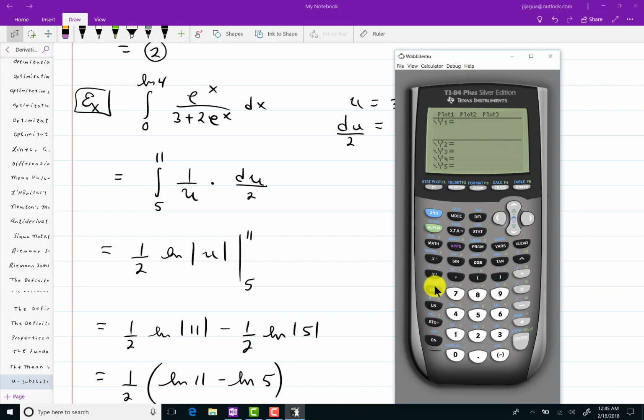So I'll go e to the x. You've got to come down from that exponent, divided by, and put the denominator in parentheses since you have a sum in there. Even if you didn't, I still think I would do it because I get nervous, especially when my denominator gets large.